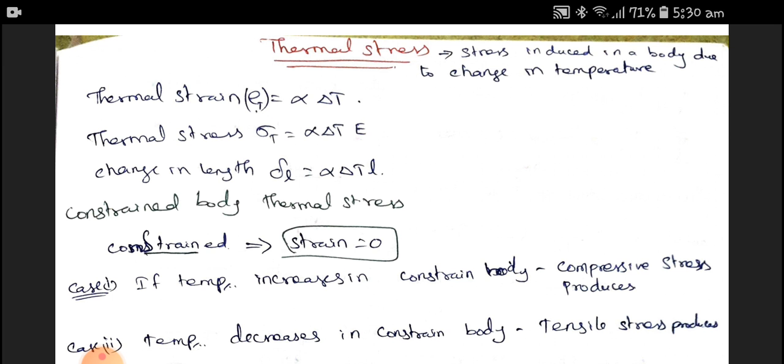Therefore, instead of strain, we put delta L by L, so delta L by L is equal to alpha delta T. We are interested in finding the change in length delta L. Therefore, L goes to the right hand side and delta L is equal to alpha delta T into L.